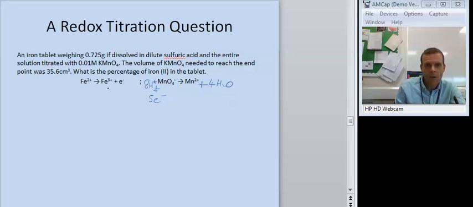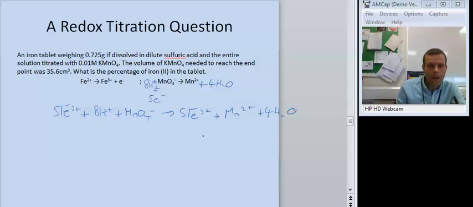Anyway, let's multiply this through by 5 and then add the two equations together, which is going to give me 5Fe2 plus 8H plus those electrons, which are going to disappear, plus MnO4 minus goes to 5Fe3 plus the 5 electrons that will disappear, plus Mn2 plus 4H2O.